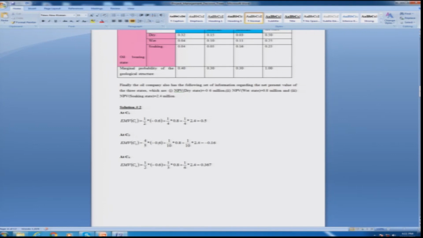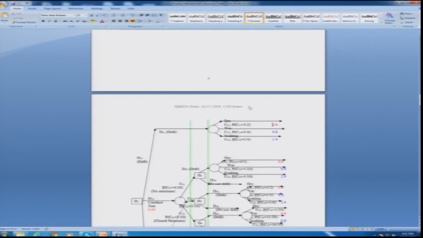Now, at C3 the values of minus 0.6, plus 0.8, 2.4 remain the same, as these blue and red values show, but the corresponding probabilities change depending on the conditional values.